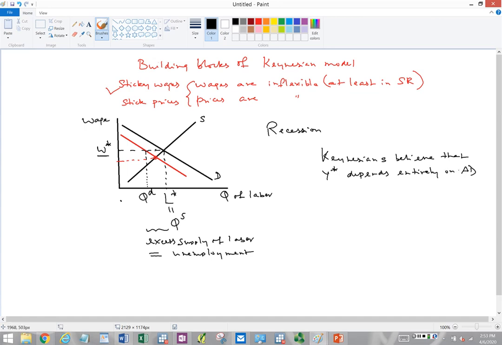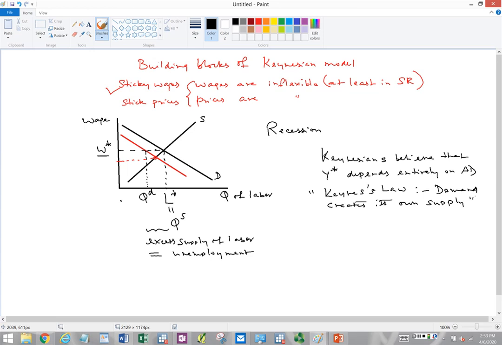Demand drives everything, in their view. Demand is king, right? In fact, they have this saying, it's called Keynes's law, which is mentioned in one of your book chapters. Keynes's law says essentially that demand creates its own supply.